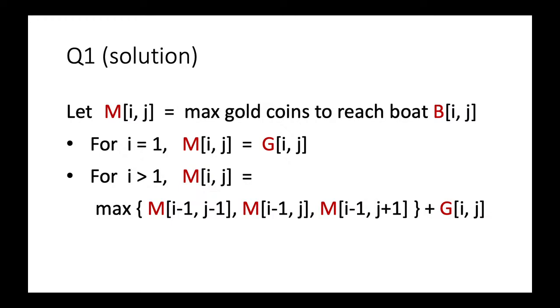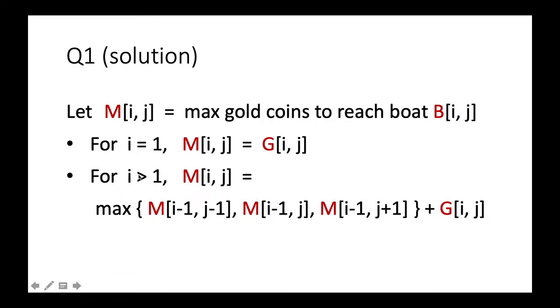For i equal to 1, Mij will be equal to Gij. Is that okay? If it is on the first row, you can only pick the corresponding boat to reach that boat. So whatever money that you get in the boat is the maximum coins that you can get. So when i is equal to 1, we have this relationship.